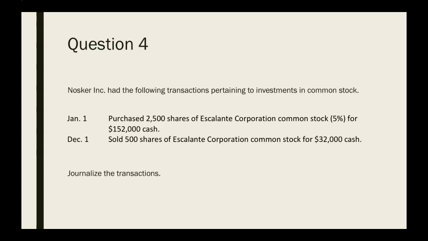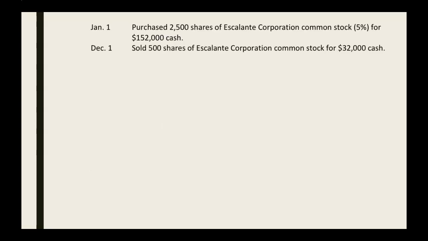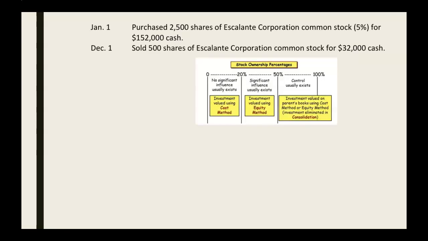Then on December 1st, we were told that we sold 500 shares of that stock for $32,000 in cash. And we need to now journalize these transactions. So we can go piece by piece here. Before we even do that, we own 5% of Escalante Corporation, right?